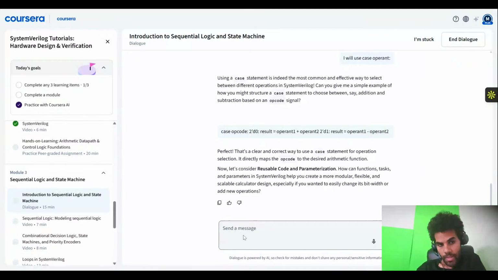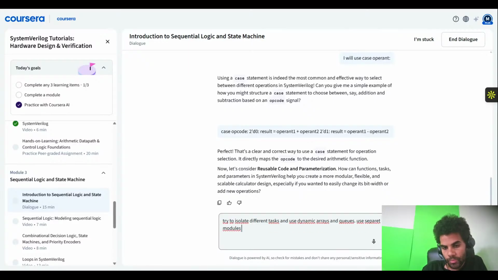So basically, try to isolate different tasks, and use dynamic arrays and queues, and use separate modules that can be reused.